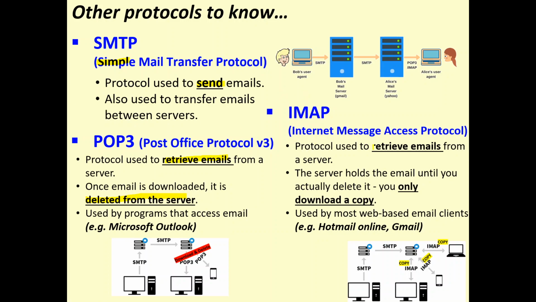This one also receives email. However, with this one you only download a copy of the message. It keeps the original until you choose to delete it. This is the common one that's used nowadays with things like Gmail and Hotmail. You can log on from different devices, read it, and then you choose to delete it. The good thing about that is you can access it from different devices like a mobile phone, laptop, etc.